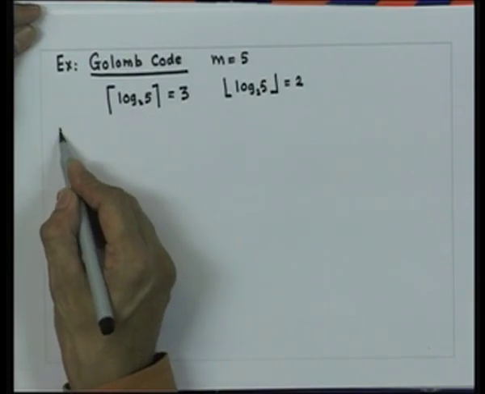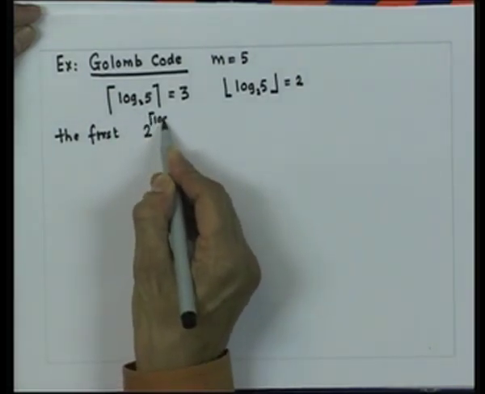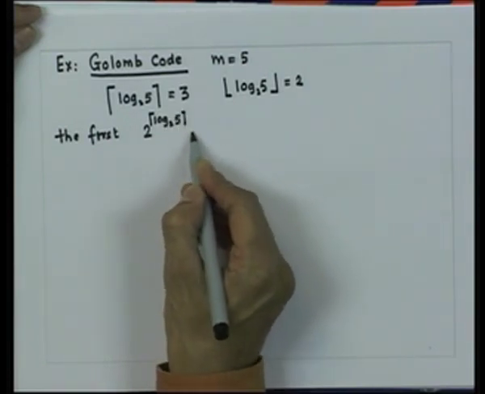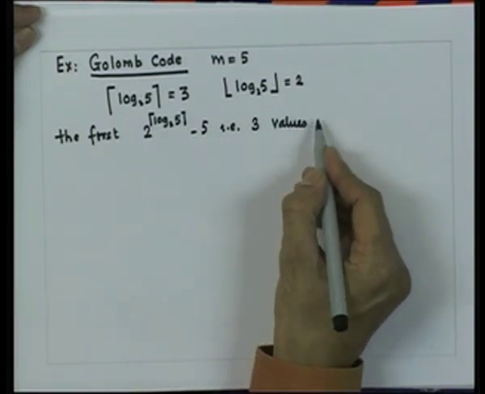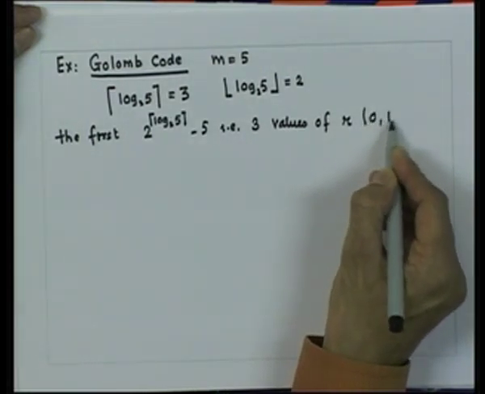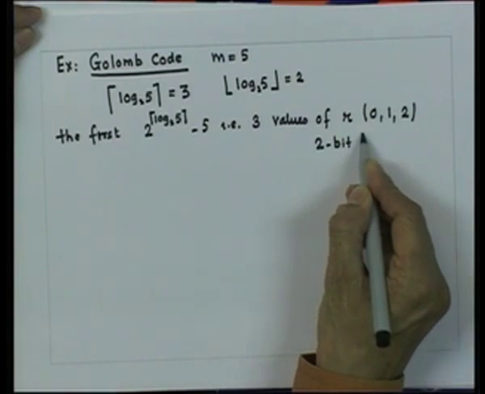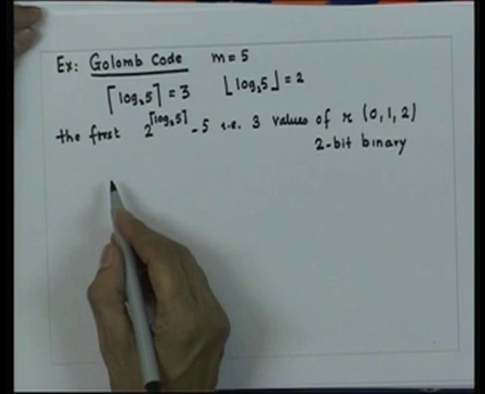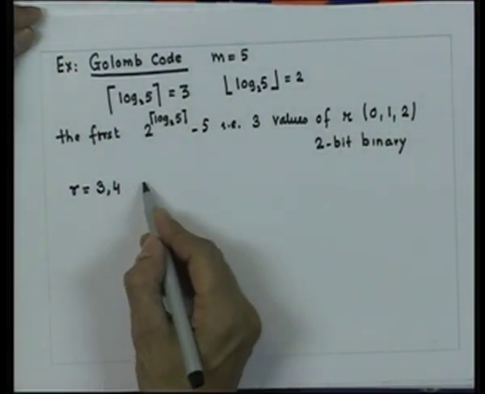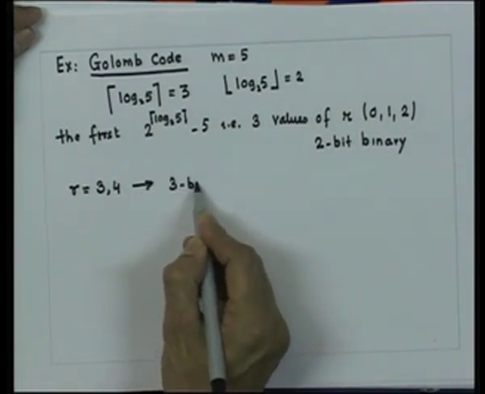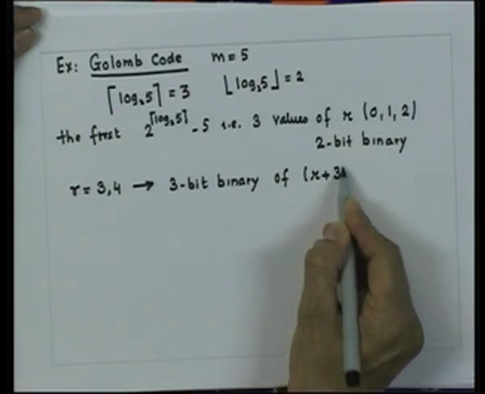So, the first 2 raised to 3 minus 5, that is 3, values of r, which are 0, 1 and 2, will be represented by 2-bit binary representation, and the next 2 values of r, which are 3 and 4, will be represented by 3-bit binary representation of r plus 3.